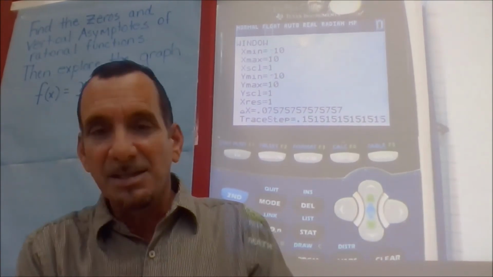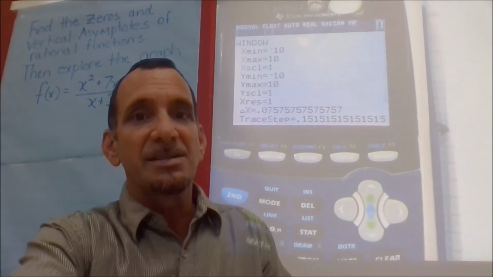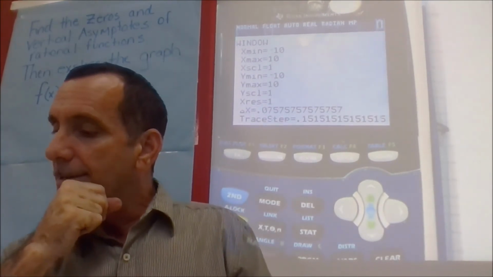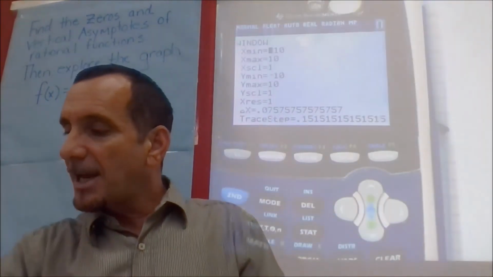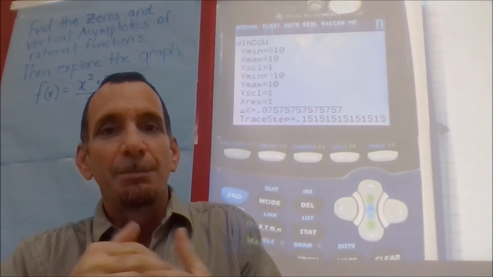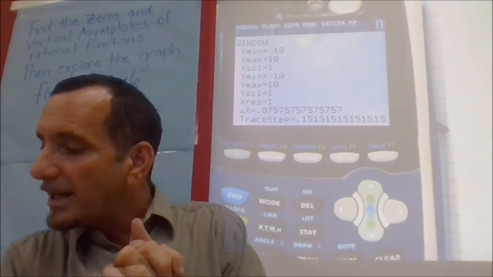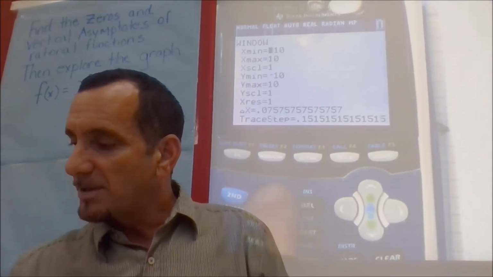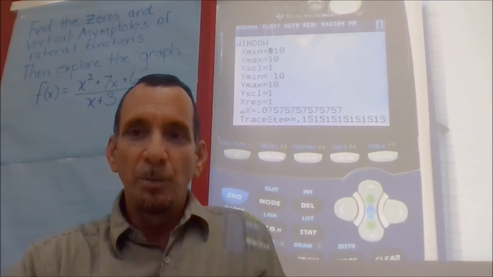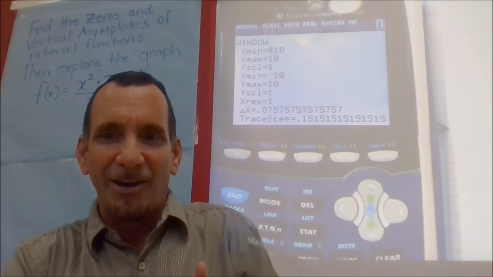And my maximum x value is 10, and I'm going to go by an x scale of 1. And at the same time, my minimum y value is -10, my maximum y value is 10, and my y scale is 1. So it's always good to set up your window. And when you're doing a simple rational function, this is a great place to start.